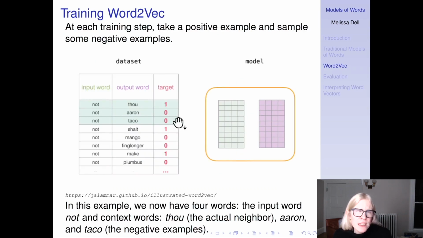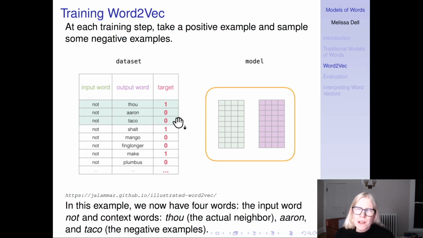So at each training step, take a positive example and sample some negative examples. And so in the example given in this post, the sentence is something like, thou shalt not do something. And then the randomly sampled words from the vocabulary are Aaron and taco.